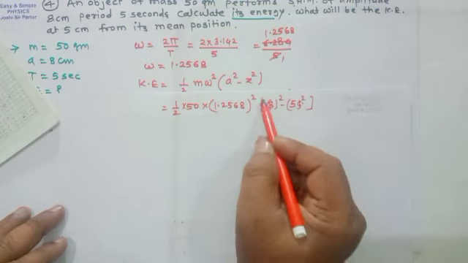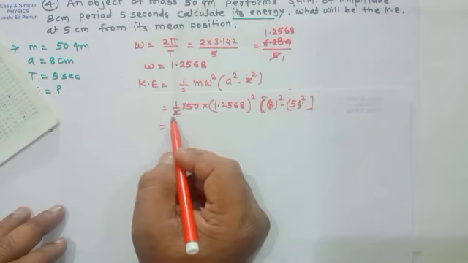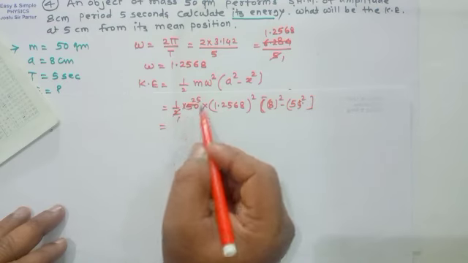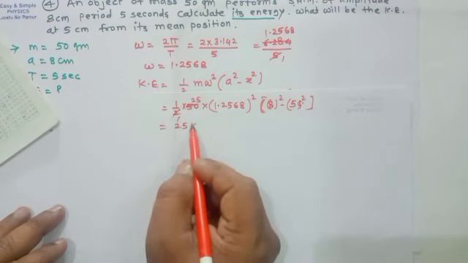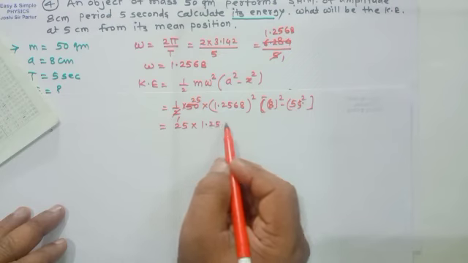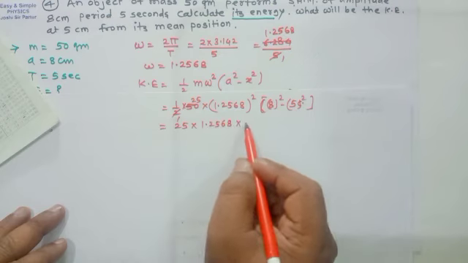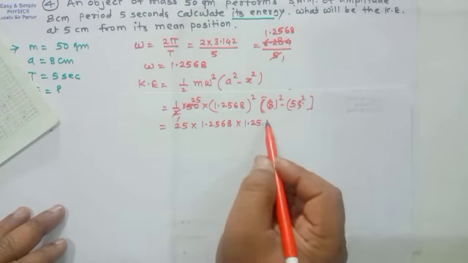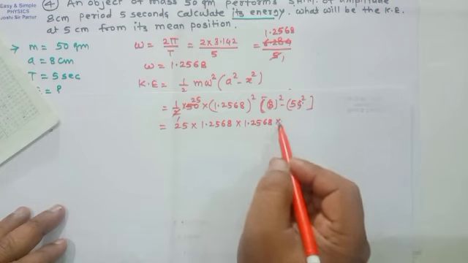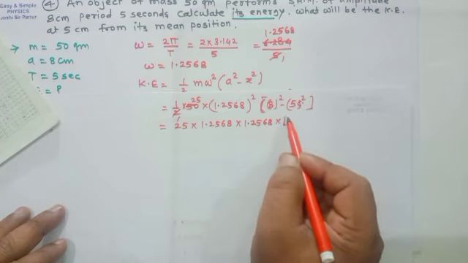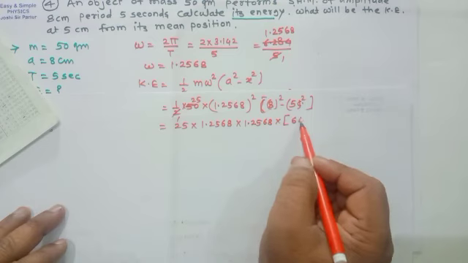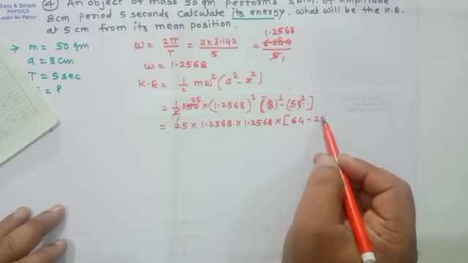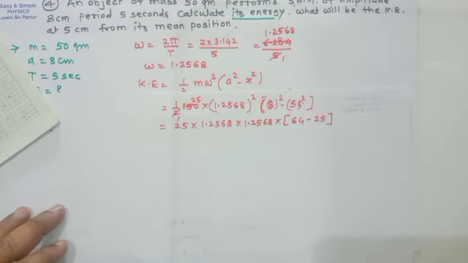So if we solve, it is 25 multiplied by 1.2568 multiplied by 1.2568 multiplied by 64 minus 25.